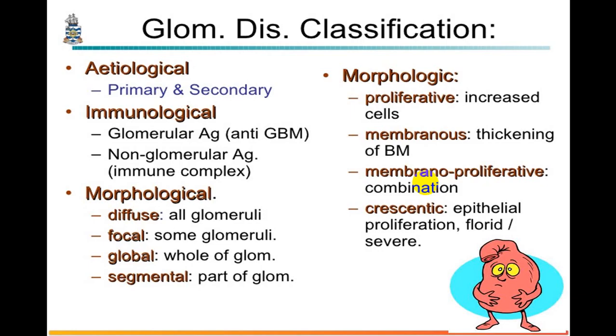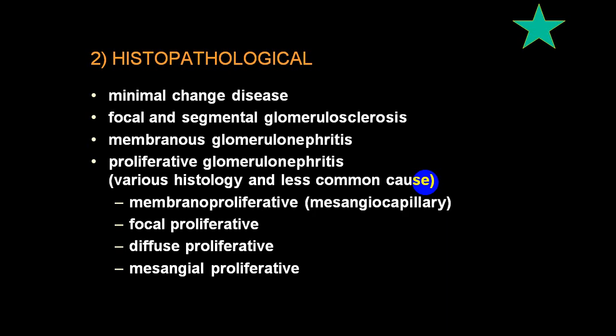So it is classified according to etiology, immunological like anti-GBM, non-glomerular variety like immune complex, morphological like diffuse, focal, global, segmental, which is histopathological, proliferative variety, membranous variety, membranoproliferative, and eccentric variety, which is again a pathological classification.